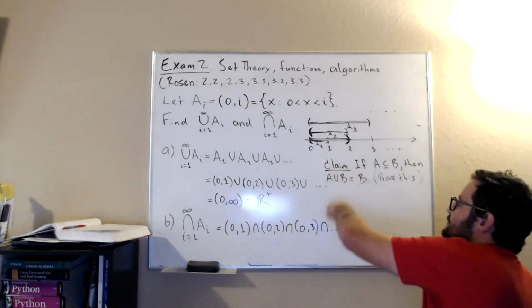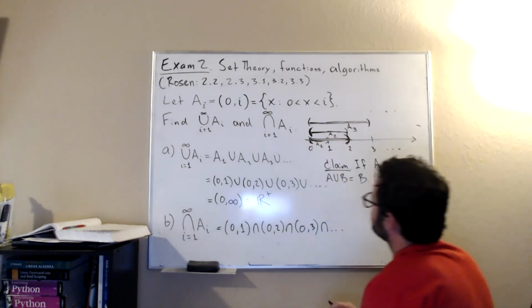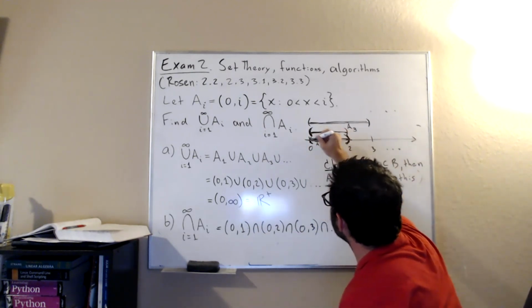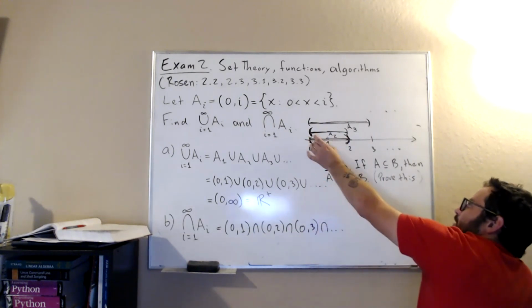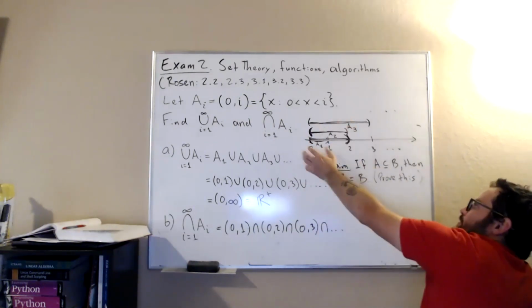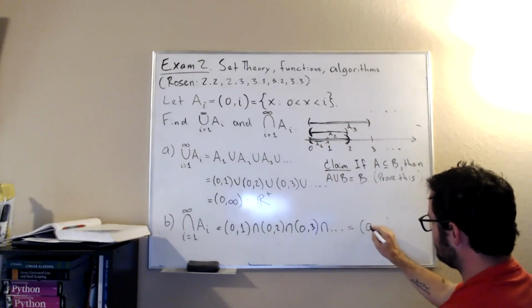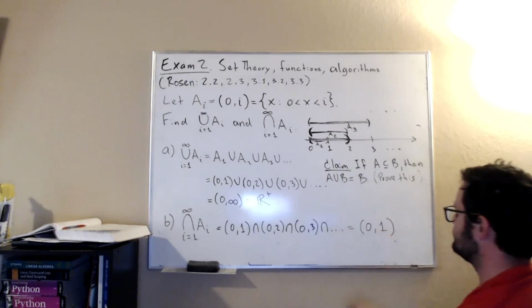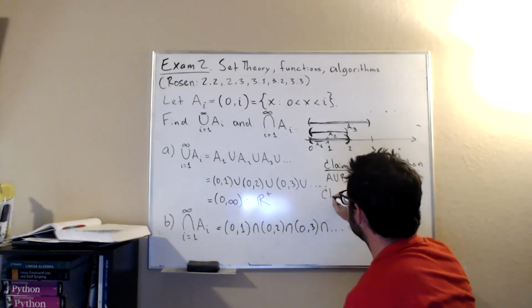If we look at our picture here, A1 intersect A2 is just A1, and then A1 intersect A2 intersect A3 is still just A1. So this is just going to be (0,1).